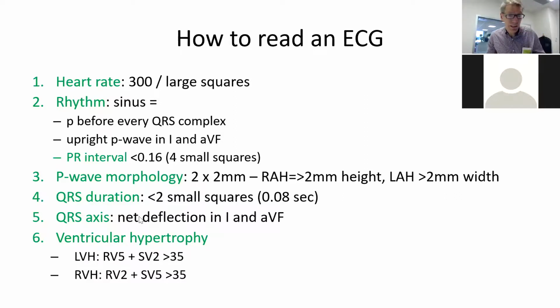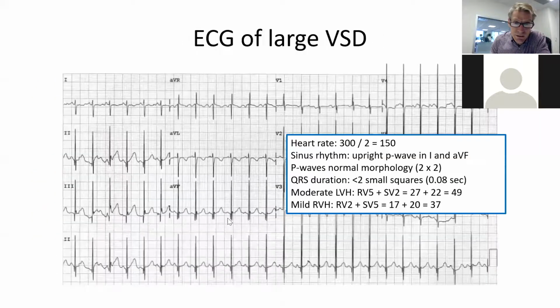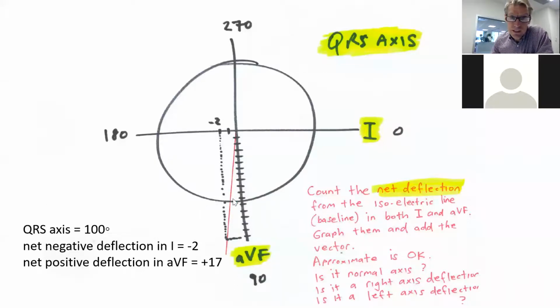The next thing to look at is the QRS axis, and I said that I would show you that. Here I've tried to draw what it looks like, and I want you to look at the net deflection. This is a vector diagram of the heart. This is lead 1 looking out this way, and this is AVF, which goes towards the feet, down this way, and this is positive and this is positive.